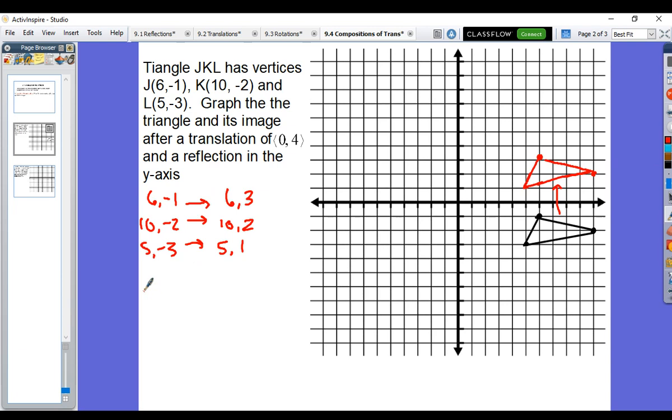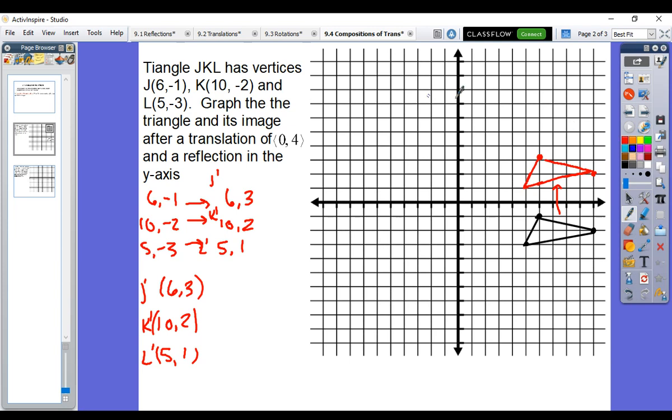So we're going to take our new coordinates, our first prime. We'll call these our J prime, K prime, L prime. So J prime, K prime, and L prime are our first transformation: 6, 3, 10, 2, and 5, 1. And then we are doing a reflection.